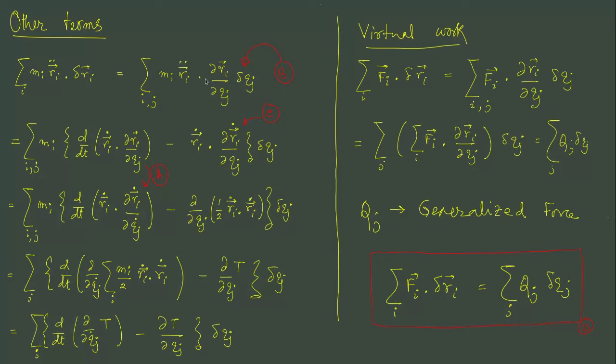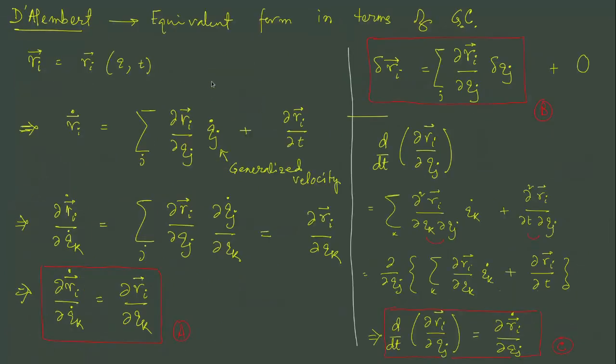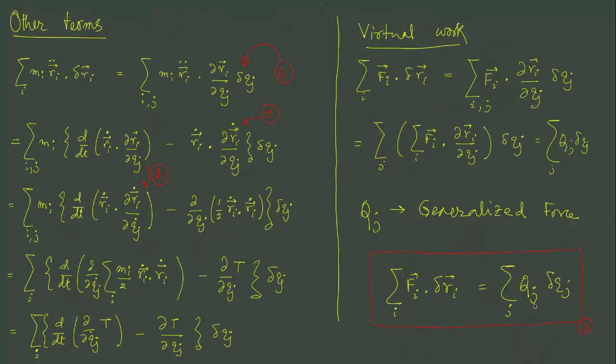Now you remember d/dt of del Ri del qj, we calculated that to be del Ri dot del qj. So we substitute it here using rule C, and later inside this time derivative, del Ri del qj could also be replaced using rule A, del Ri dot del qj dot.